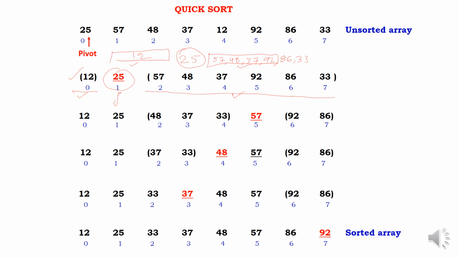That is, 0 to j minus 1 are arranged on the left side, j plus 1 to n minus 1 are arranged on the right side. We repeat the same procedure on the left array and right array.